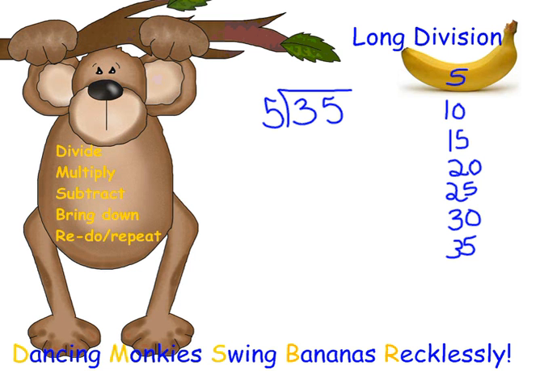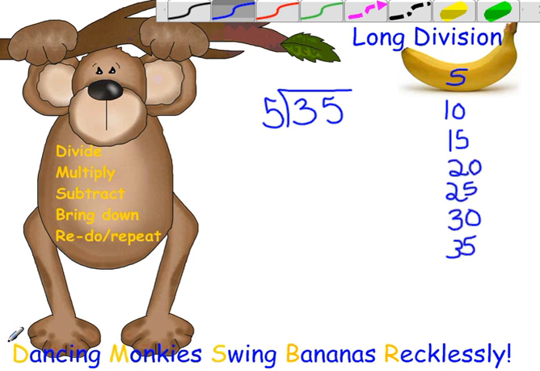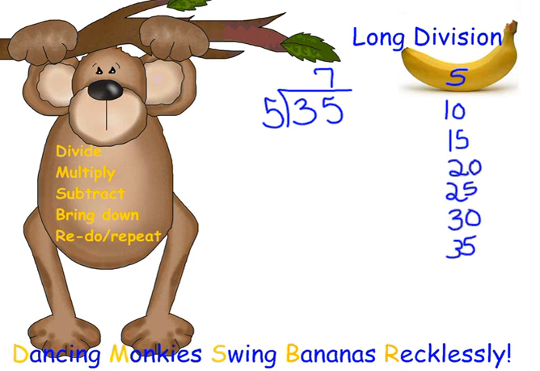Okay, so we have 7 different sets of 5. 1, 2, 3, 4, 5, 6, 7, which means we can pull 7 sets of the number 5 out of 35.